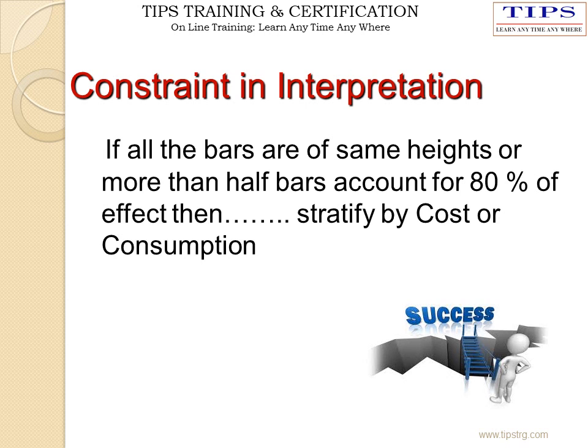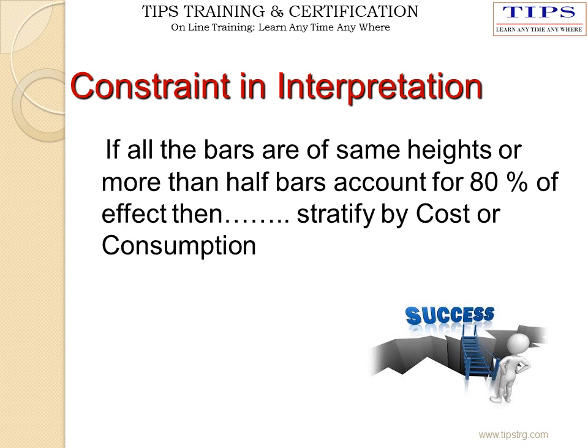There are constraints while determining and interpreting the Pareto chart. For example, if all the bars are of the same height, or more than half the bars account for 80% of defects, then what to do?